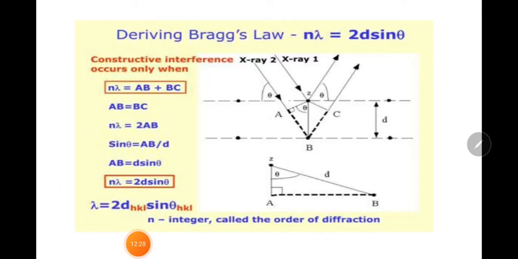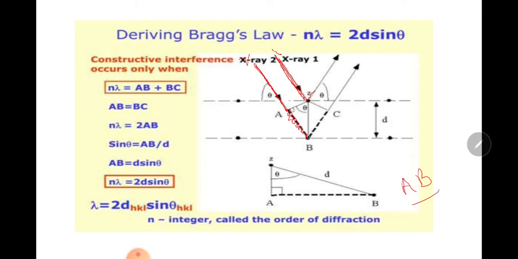Now if you look, a ray of light is coming here. This is ray 1, this is ray 2. They travel an equal distance, after which it will reflect and cover this extra distance. So AB is the path difference.